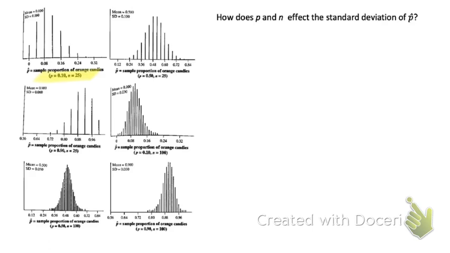The complement would be 22.5, and that one would work, but N times P is not bigger than 10. And we ended up with a right skewed distribution.